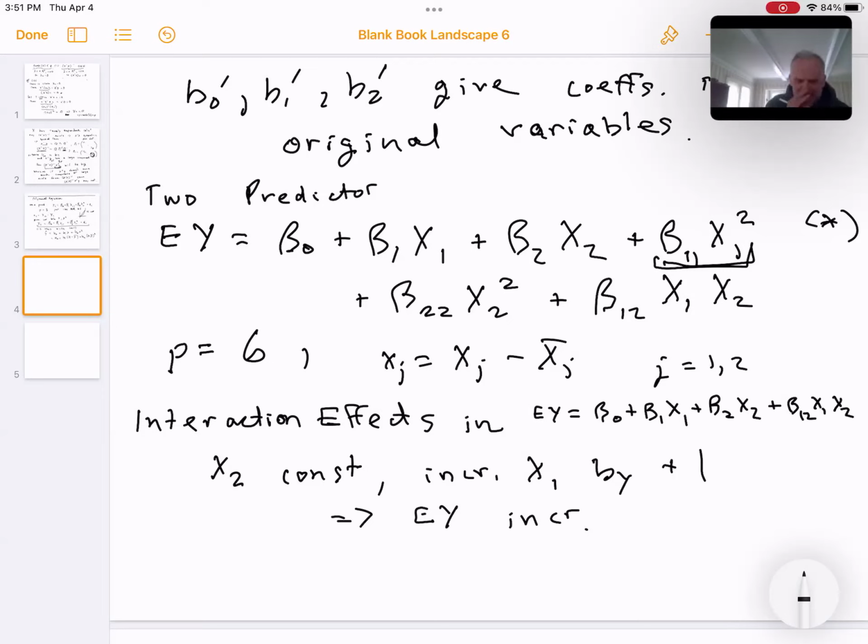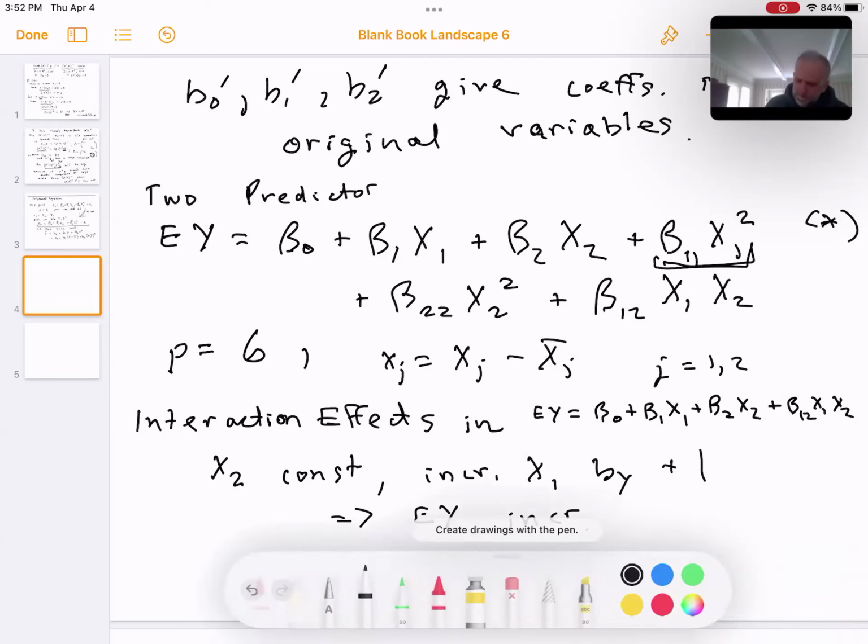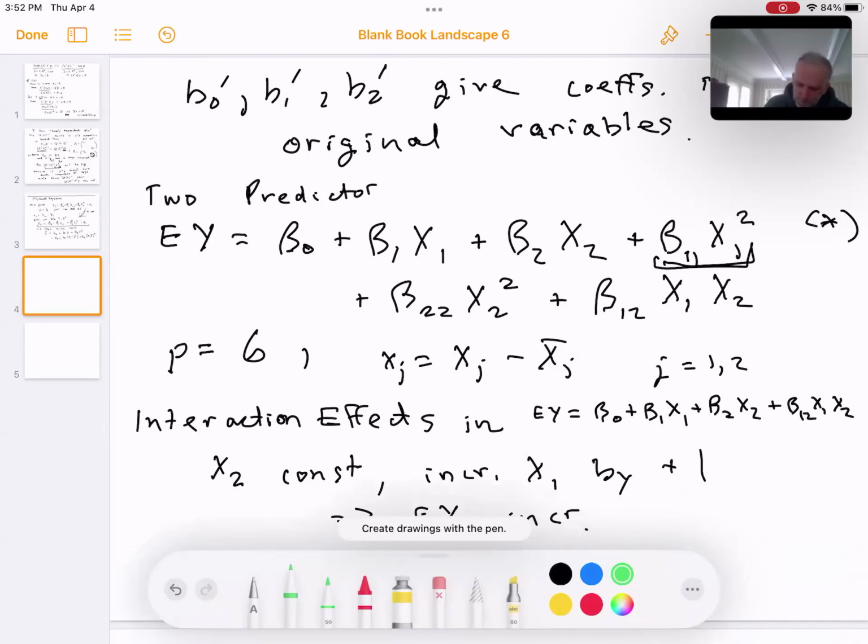Okay, now say I increase x1 by 1. What would the left-hand side change by? Well, this is still going to be the same. Since x1 goes up by 1, this is going to change by beta 1.